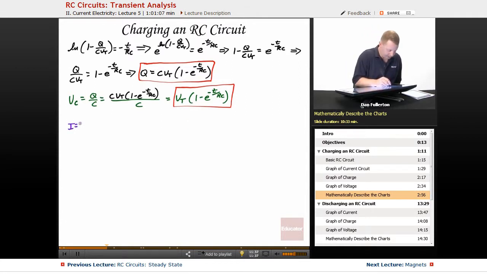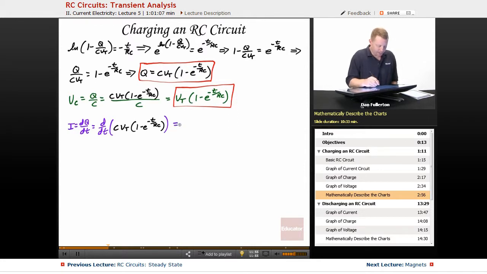So current I is dq/dt, which is the derivative with respect to t of our q, which was CVT times 1 minus e to the minus t over RC, which is going to be, well, we can pull our constant out, minus CVT times e to the minus t over RC times minus 1 over RC, e to the u du, where du is minus t over RC.